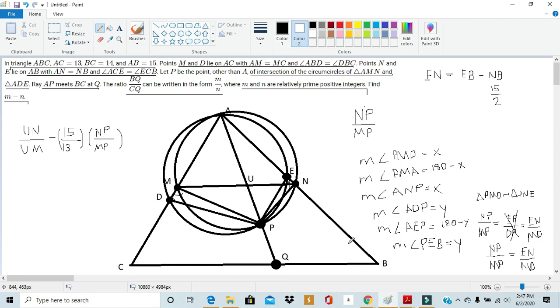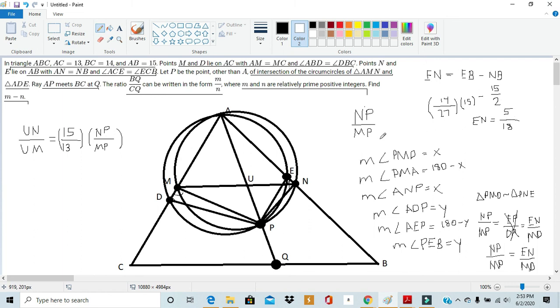And since we know that BC is equal to 14, we can write this computation as 14 over 14 plus 13, or 27, times AB. And AB is 15. So the computation becomes EN is equal to 14 over 27 times 15 minus 15 over 2. Now, I'll let you do the computation on your own. Just multiplying and subtracting fractions, we get that EN is equal to 5 over 18.